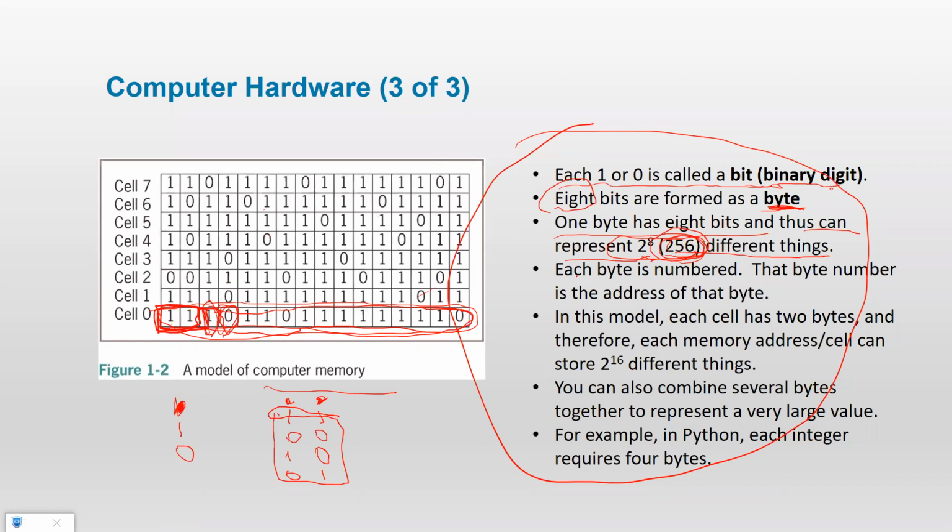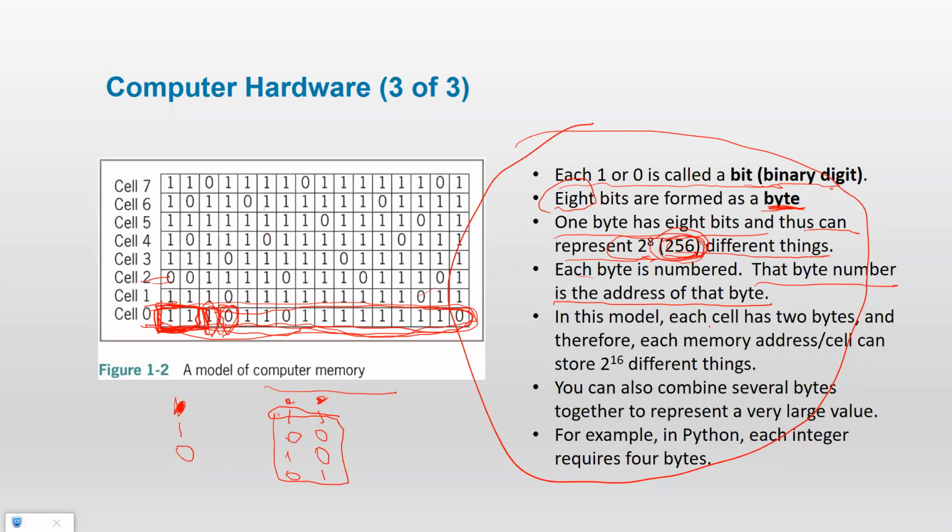Each byte is numbered, so you can see 1, 2, 3. Actually, this has 2 bytes, but we will just call that memory location 1, 2, 3. That byte number is the address of that byte. So when you say the address of a memory location, it's the byte number.